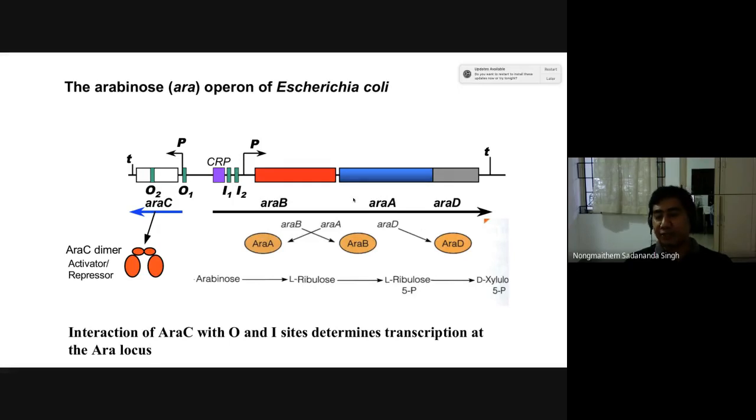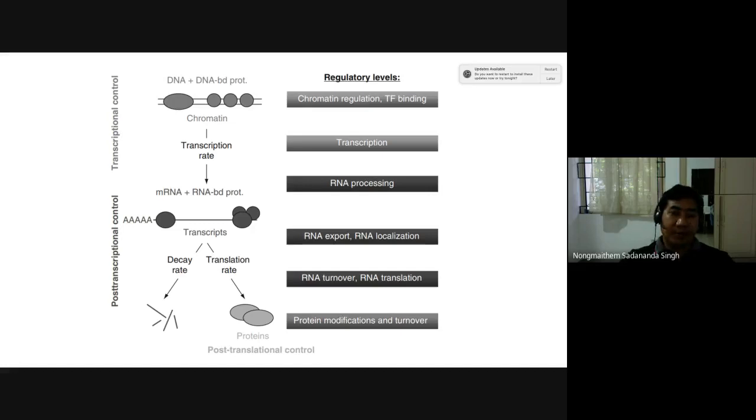So unlike the lactose utilization operon, wherein we saw that the repressor only has a monofunction, it just acts as a repressor, in the case of arabinose utilization regulation, AraC acts both as activator and repressor by binding to O2 and O1 when there is no arabinose. And when there is arabinose, it binds to I1 and I2 and allows the utilization of arabinose.